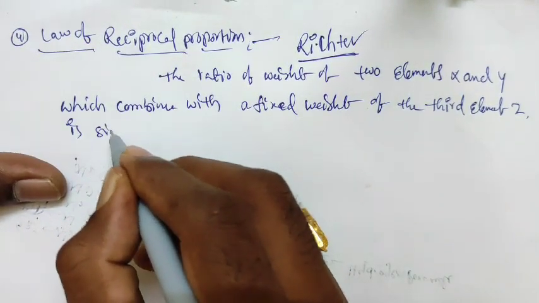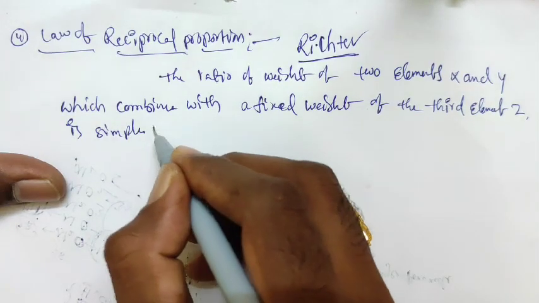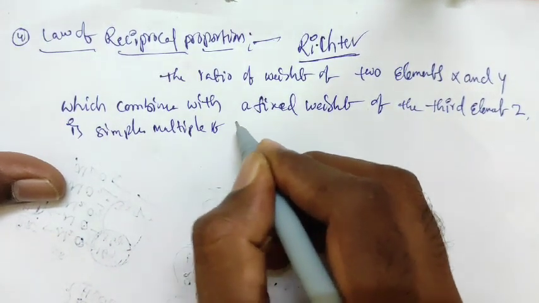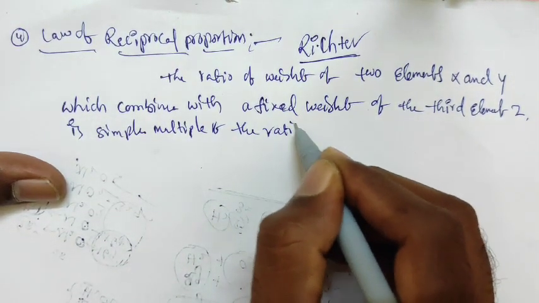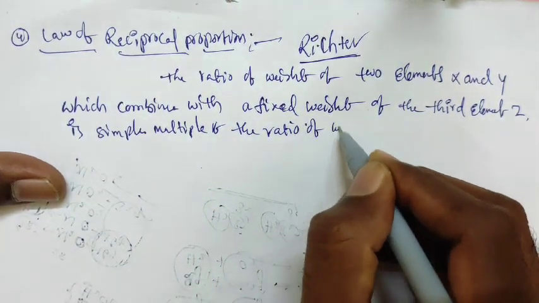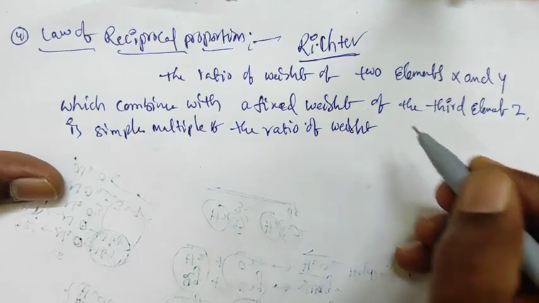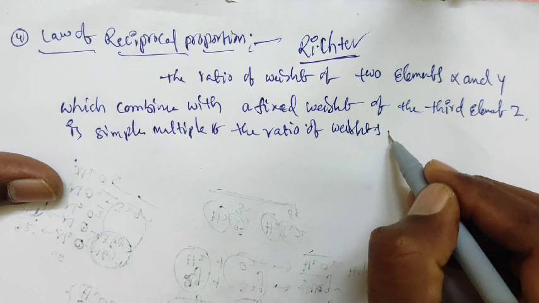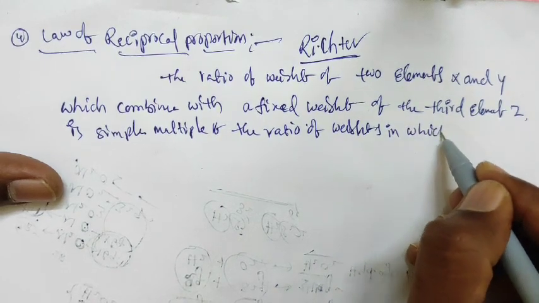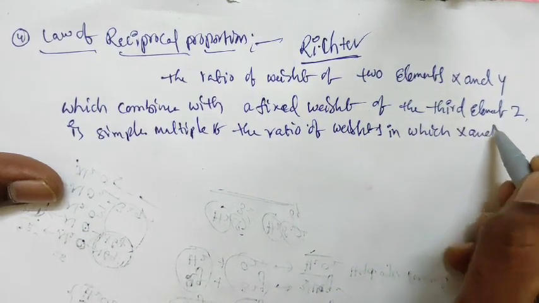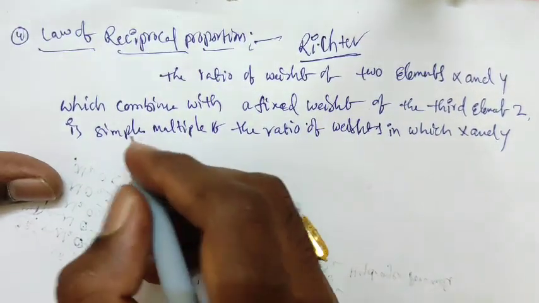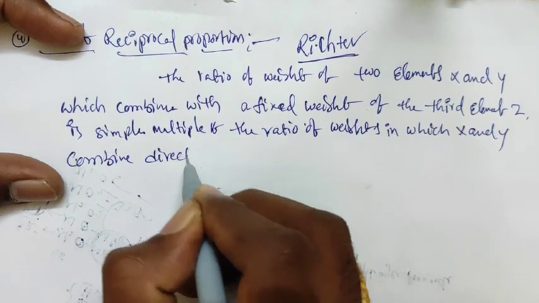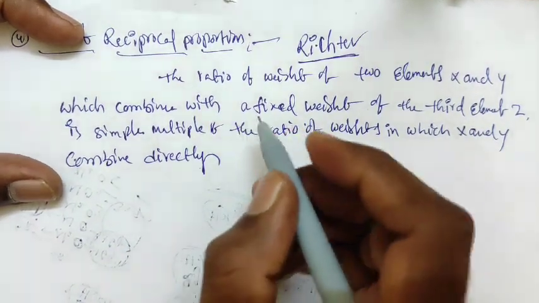is a simple multiple of the ratio of the weights in which x and y combine directly with each other.